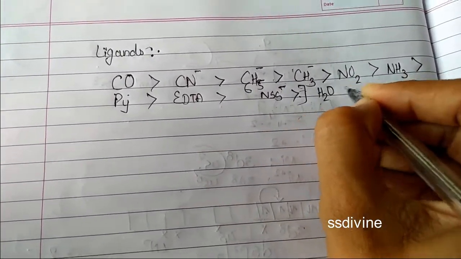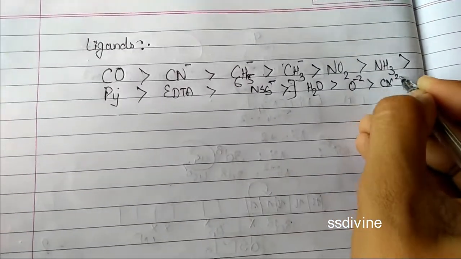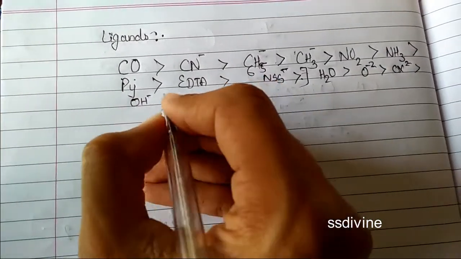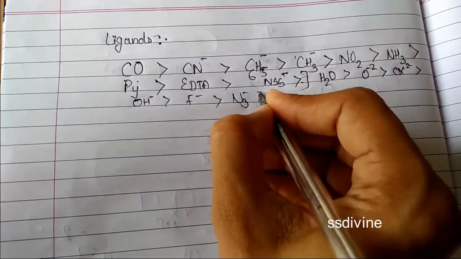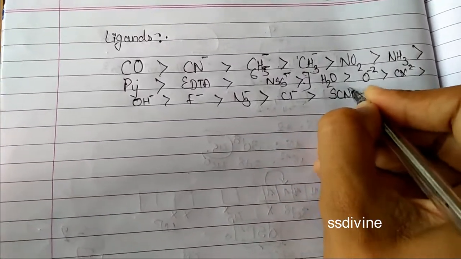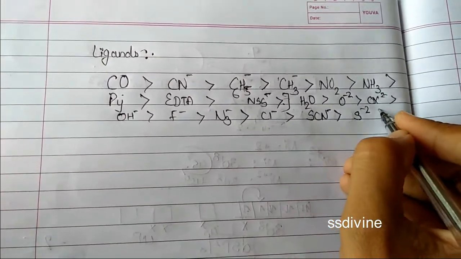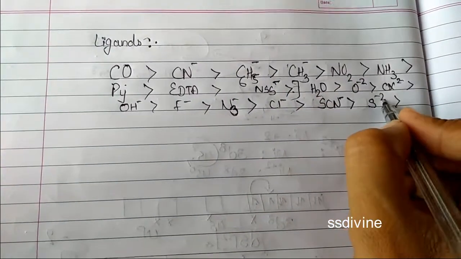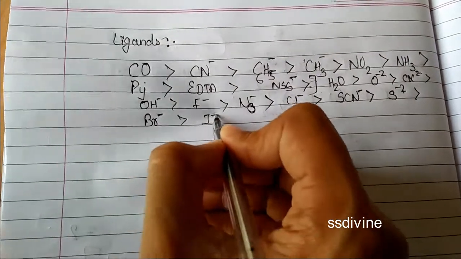That is H2O, then O2-, oxalate, then you can consider hydroxide, then fluoride, N3- is your nitride, Cl-, SCN-, thiocyanate, then S2-, N3- is your azide, S2-, Br-, I-.